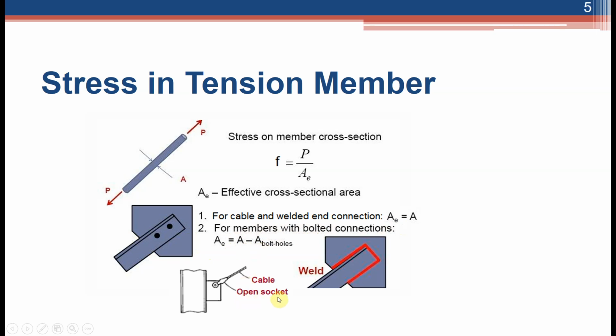Here this one is an open socket and this is a cable, and here is how a single angle section or different double angle sections are connected to the gusset plate by means of welding.